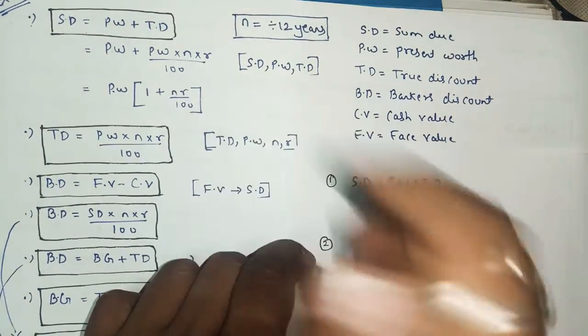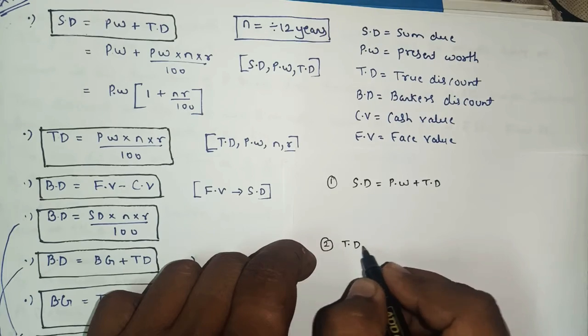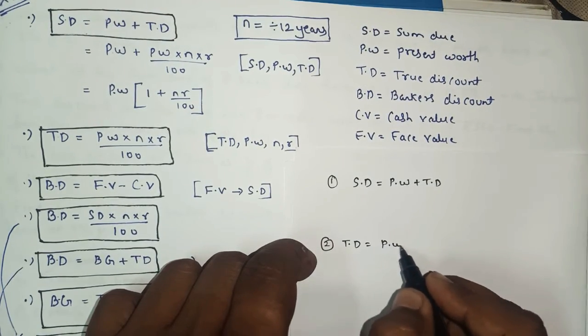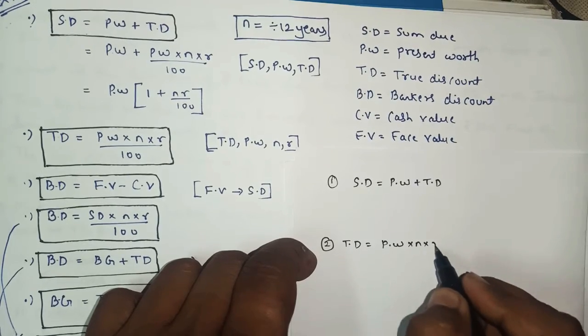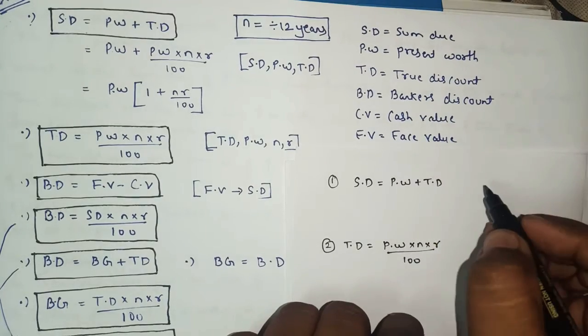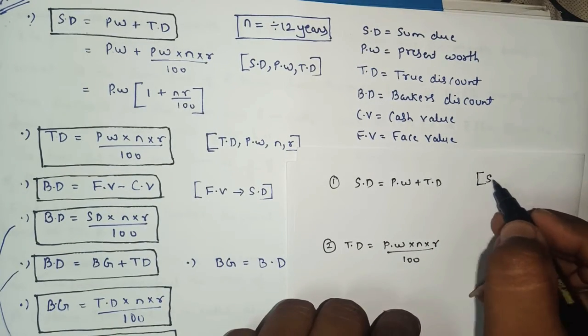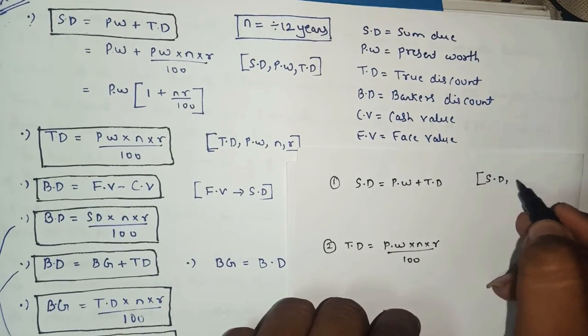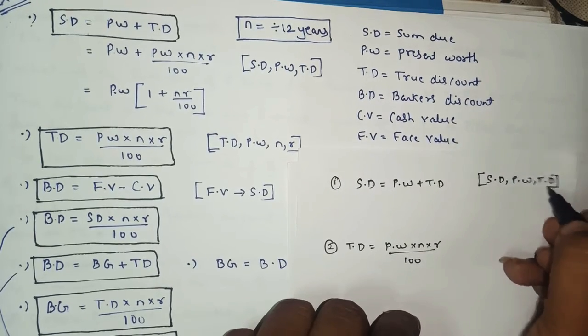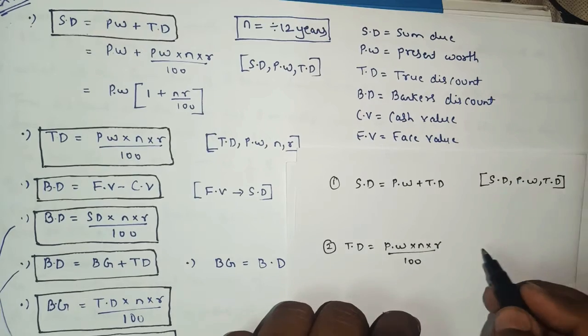The second formula is TD. TD stands for true discount. It is PW into N into R upon 100. You apply this formula when, out of these three values, any two values are given in the question.